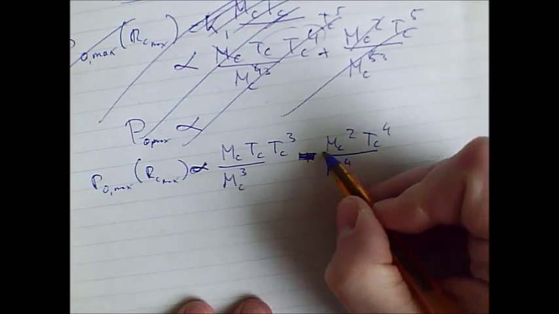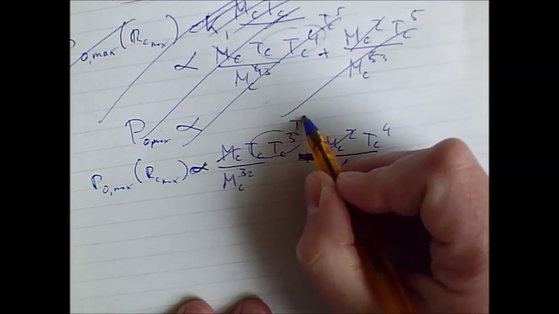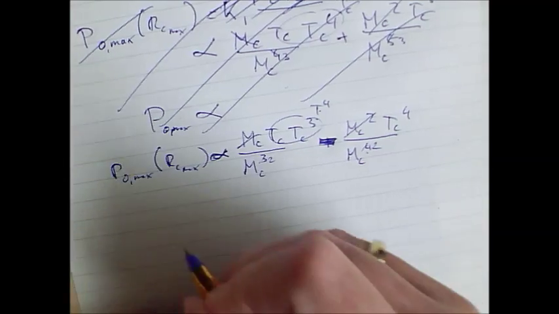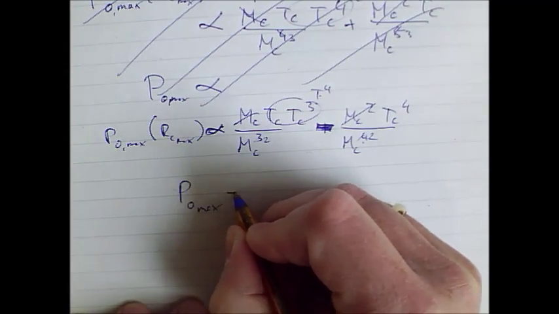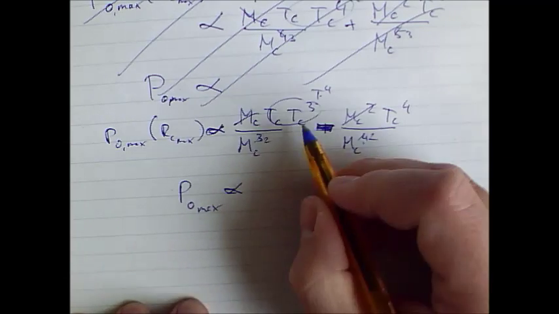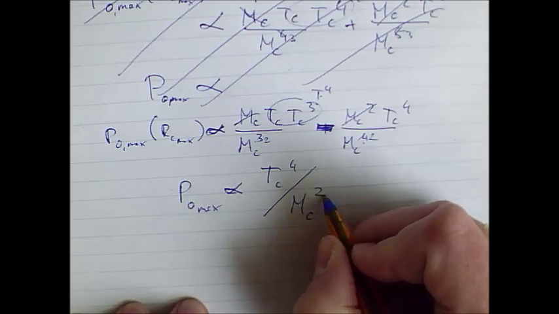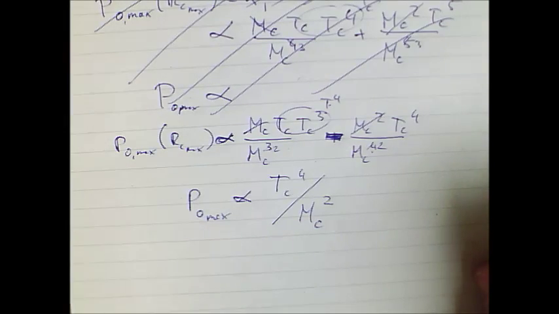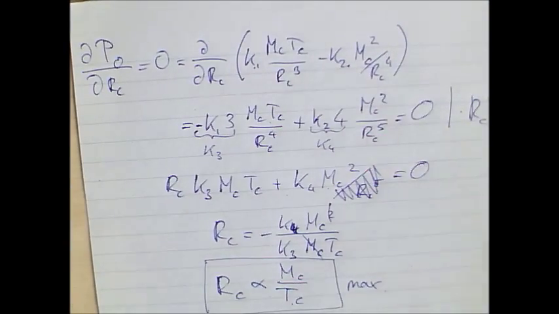As we did before, that cancels, this cancels, and this can be taken as T to the 4, and you've got essentially 2 times the same term. Overall I can express this as P0 max being a scaling relationship between TC to the power of 4 over MC to the power of 2. Now, that looks like the right one, so always make sure to insert into the right equation, and not make the mistake I did of using the one from the derivative.